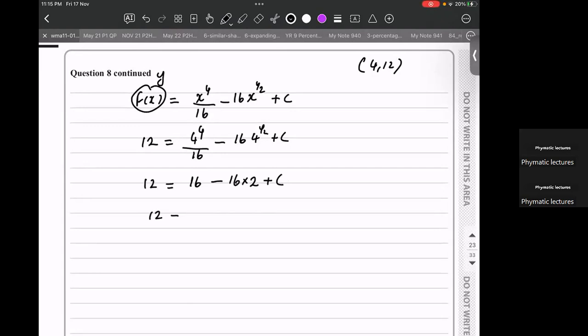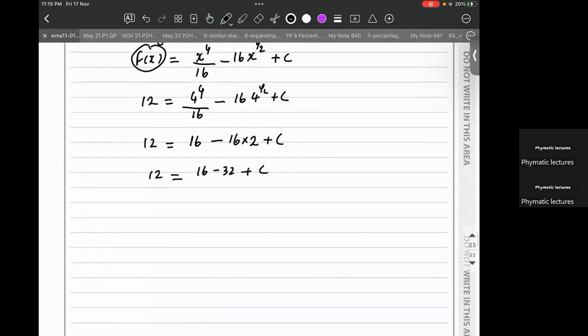So 12 is equal to 16 minus 32 plus c. 12 is equal to minus 16 plus c. So bring this minus 16 to the other side, and it becomes 28, which is the value of c.